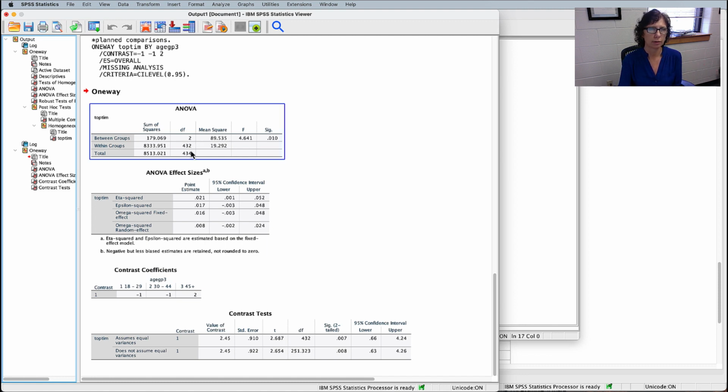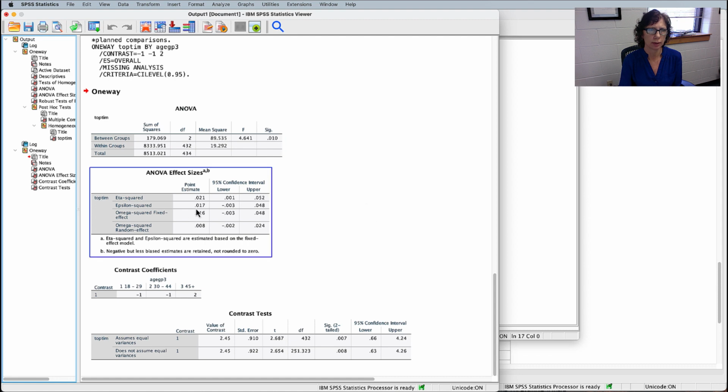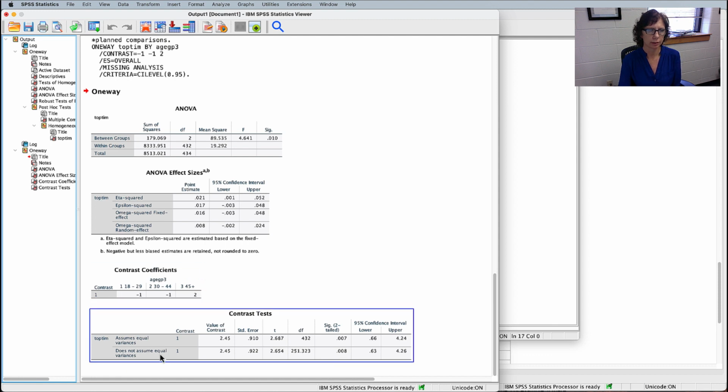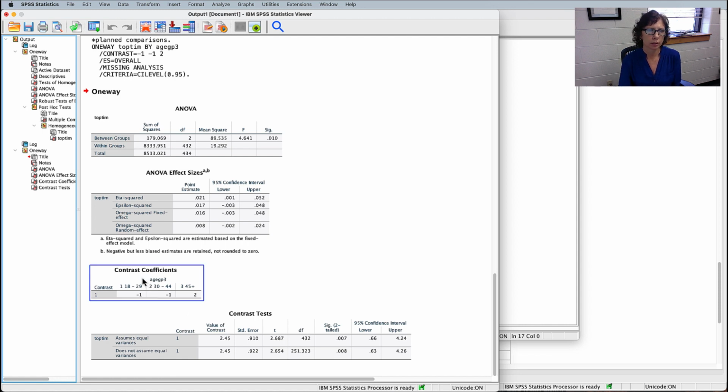And we have our degrees of freedom, our F-test, our significance value, and our eta squared. But now we're looking at these two tables regarding contrast. On this first one, contrast coefficients, we can just confirm that our coefficients add up to 0. Everything's fine there. If it doesn't add up to 0, there's a problem.